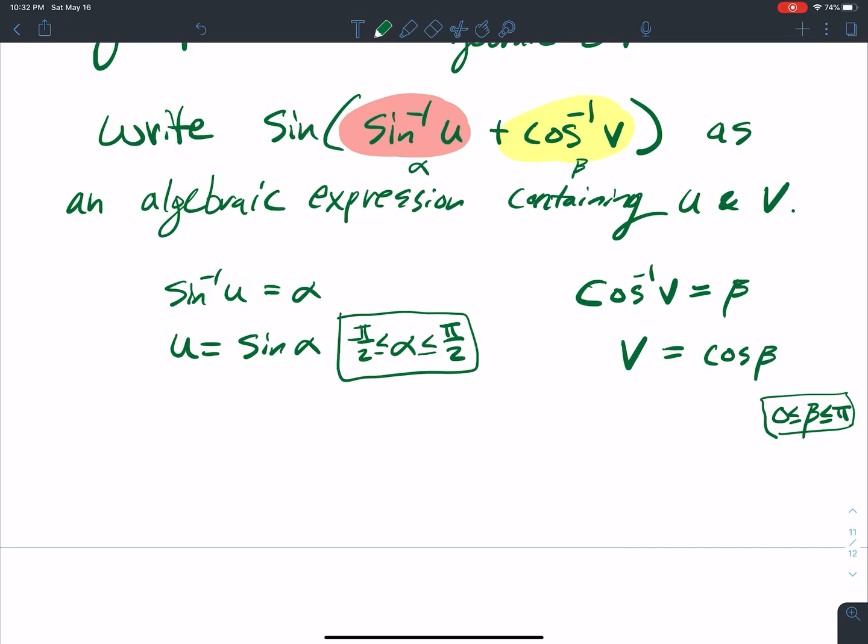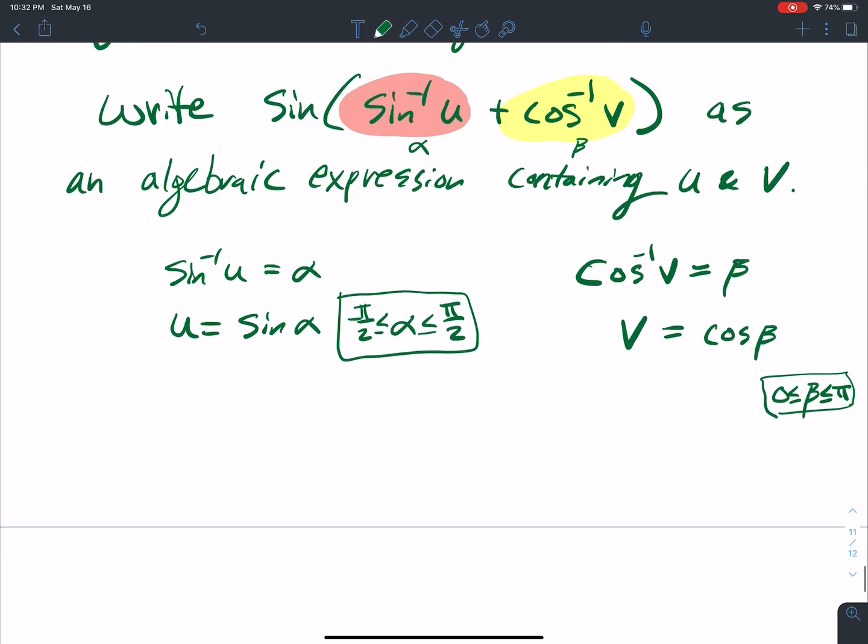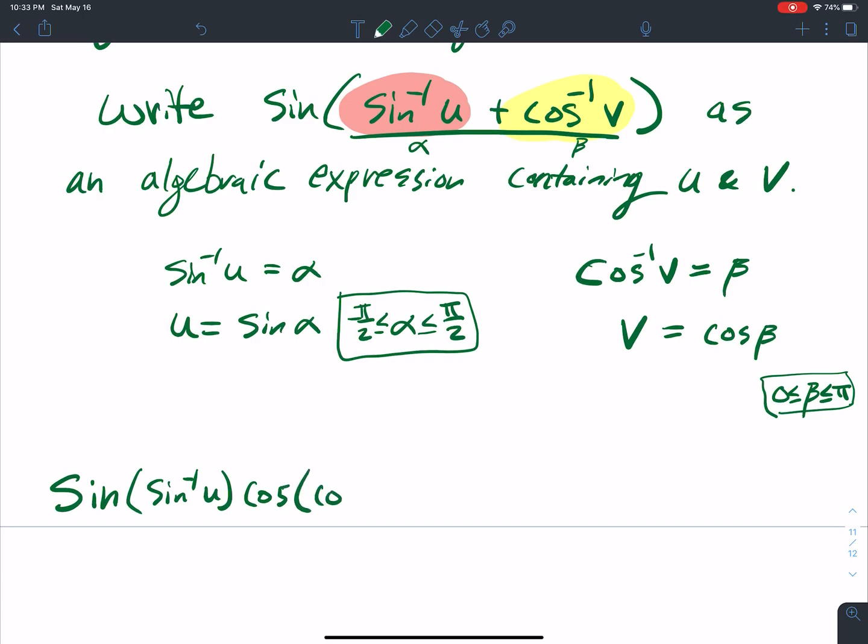If I run through this game again, I'm going to have the sine sum identity. What does the sine sum identity say? It says the sine of sine inverse u times the cosine of cosine inverse v, plus the cosine of sine inverse u times the sine of cosine inverse v.